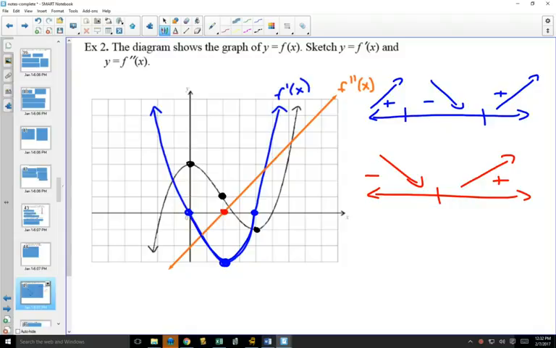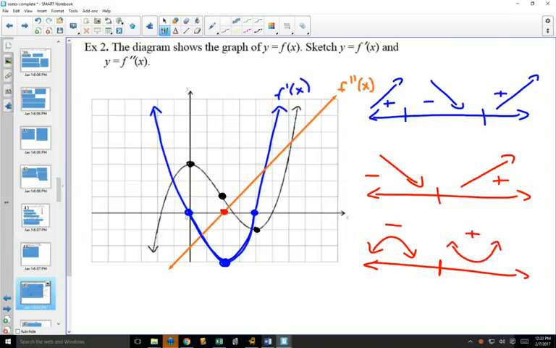Or when looking at your second derivative, you could have said, no, instead I'm looking at that point as an inflection point. And inflection points tell me about how my original graph is either concave up or concave down. I see that it's concave down to that point and then concave up after.